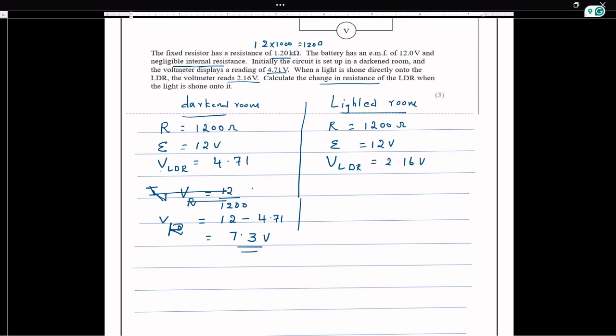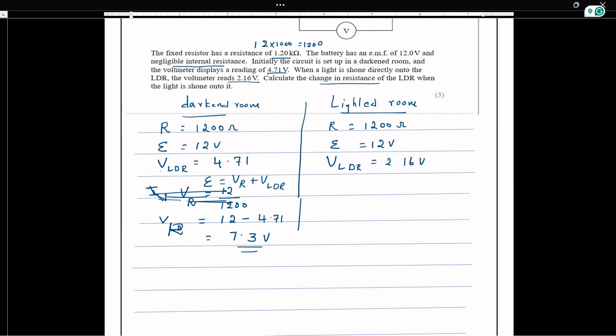This is the voltage across the resistor, because we know the total voltage is the voltage drop across the resistor plus the voltage of the LDR. So to calculate only the resistor voltage, it is subtracted.